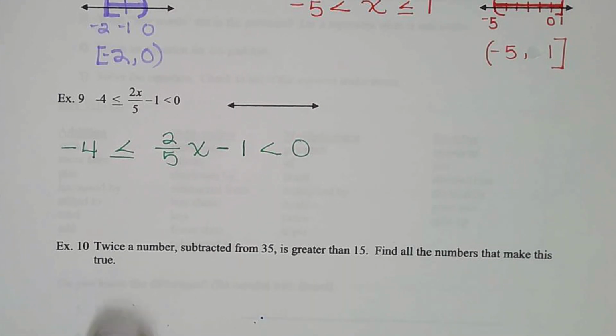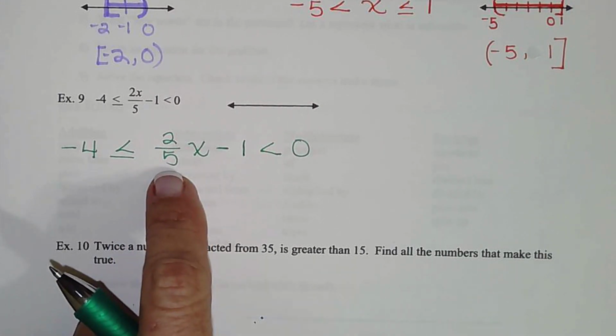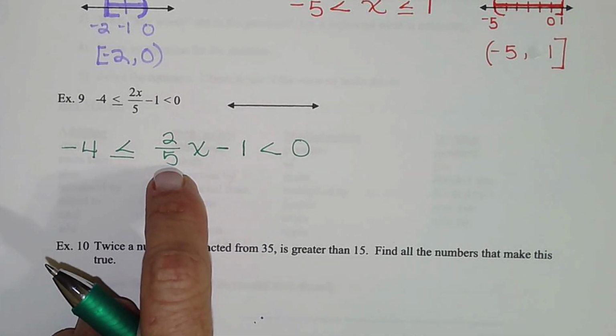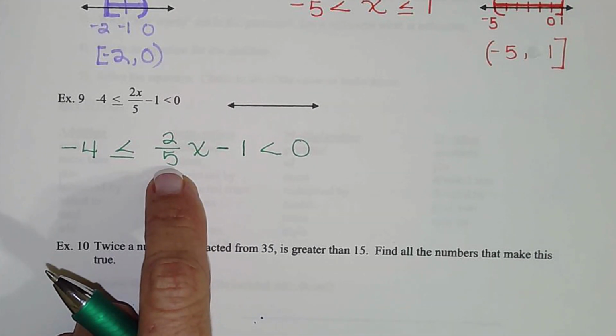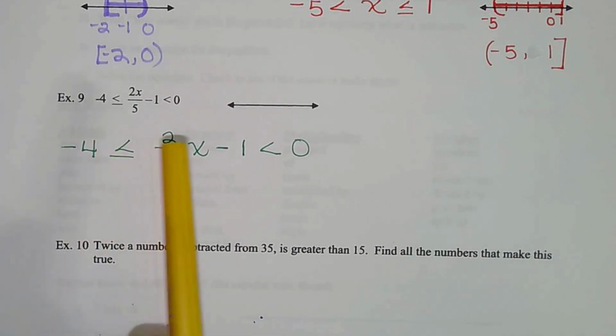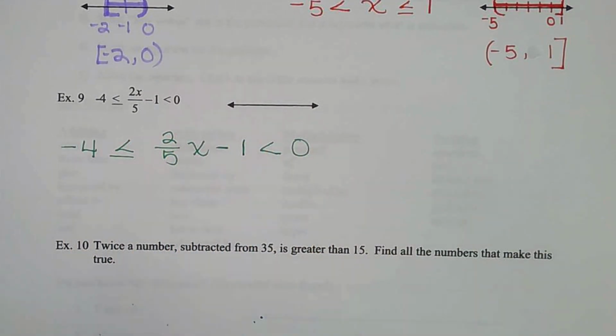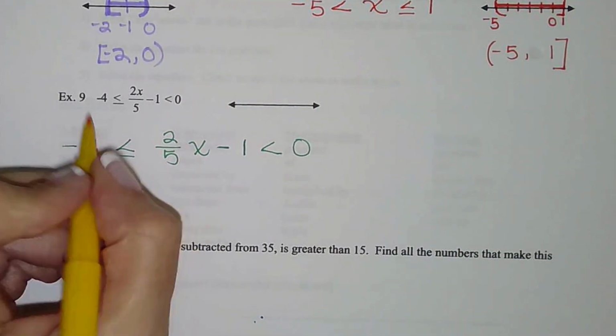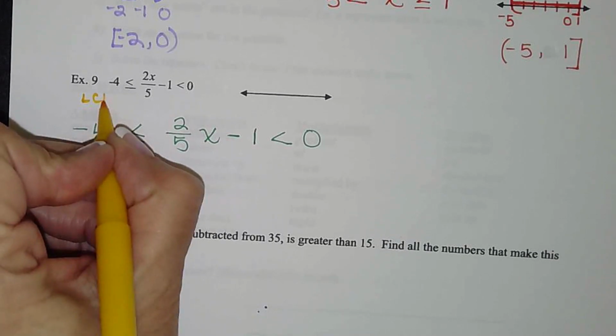So what's the common denominator? Well, there's only one. So that has to be the common denominator, 5. So then we multiply every term, and notice there are 1, 2, 3, 4 terms. So every one of those 4 terms needs to be multiplied by the LCM 5.